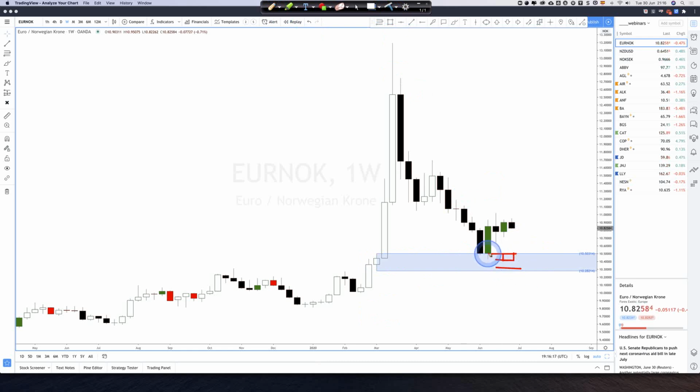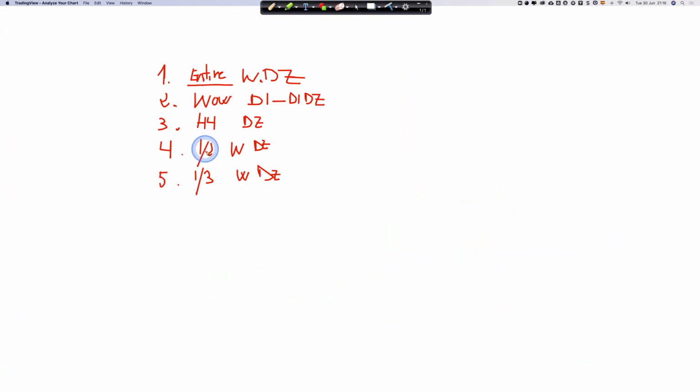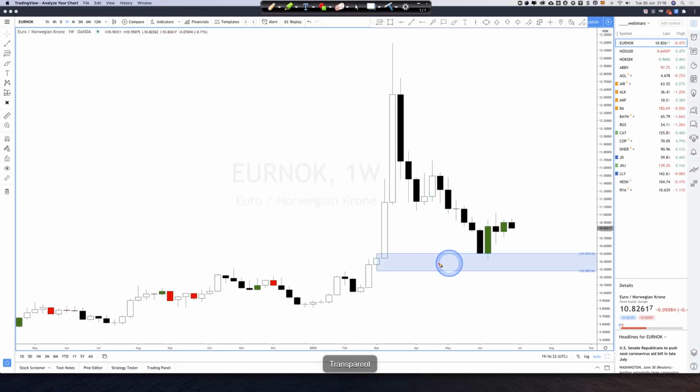No, because price could kick you out of the trade and then rally without you. So when I am talking about using 1/3, half of it, 1/4, any fraction, I'm talking about using the 1/3 at the bottom, or the middle, or if you decide to take the whole level.